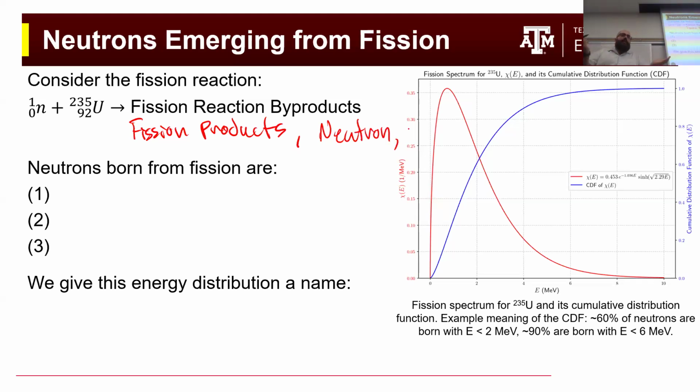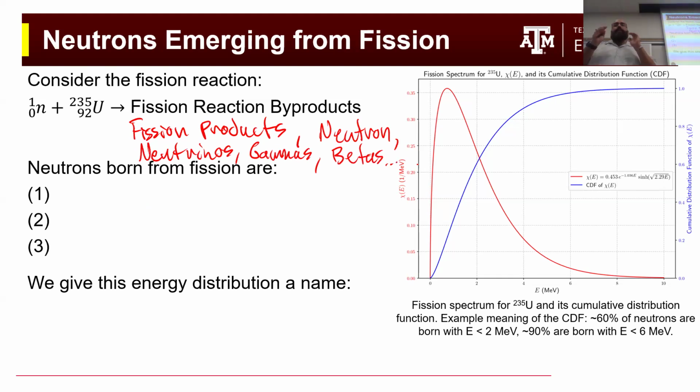And you get all kinds of other stuff too. You end up getting things like neutrinos, gammas, and beta particles. You get a lot of stuff that comes out of these reactions.